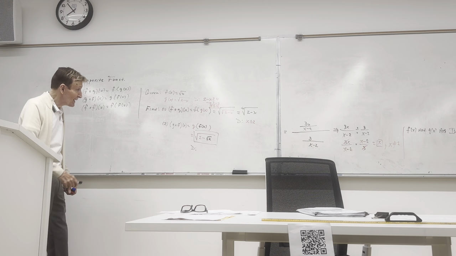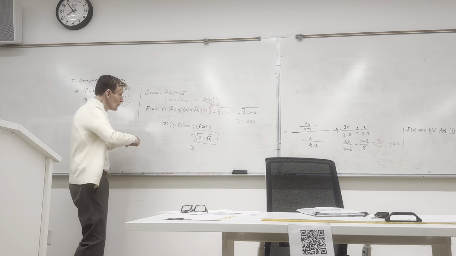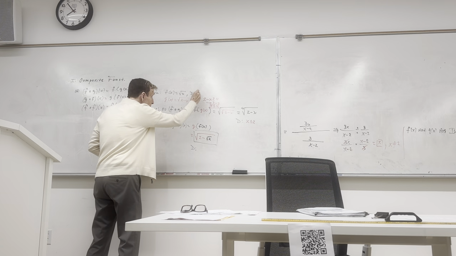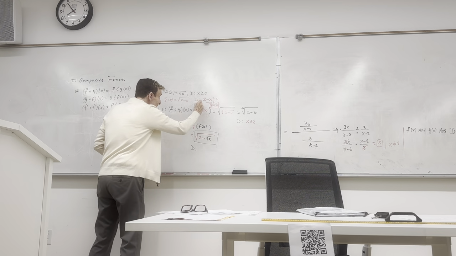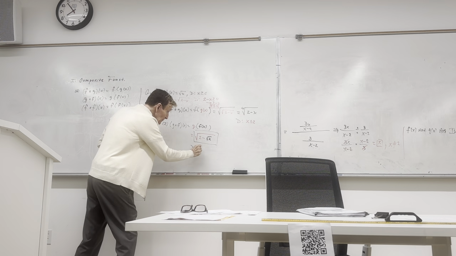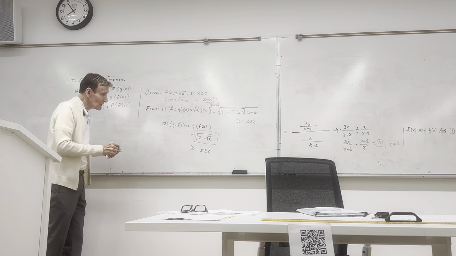Guys, I placed the black one. The black one's important here. Is there a restriction on the black? X must be what here for the domain? X must be greater than or equal to what? 0. I better point out right now, this had better be this, or this is not gonna work.